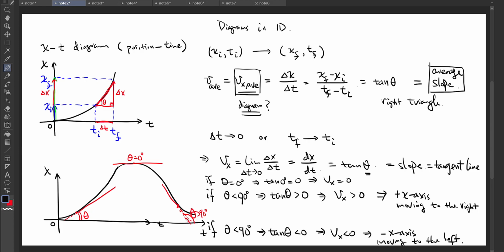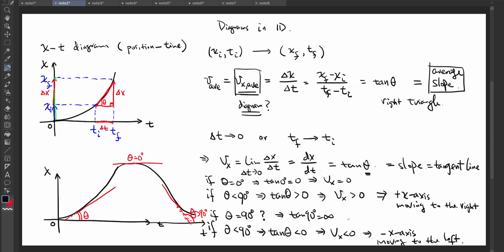Okay. Now, how about another special case if the theta here is 90 degrees? Can that happen? Because we know the property of the tangent function, in this case, tangent 90 degrees equals infinity, right? So that would diverge. So in reality, that could not happen because we know even the speed of light has a limit, right? 3 times 10 to the 8 meters per second.